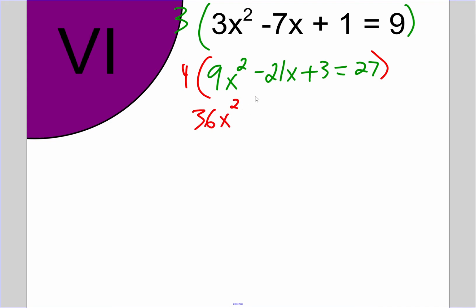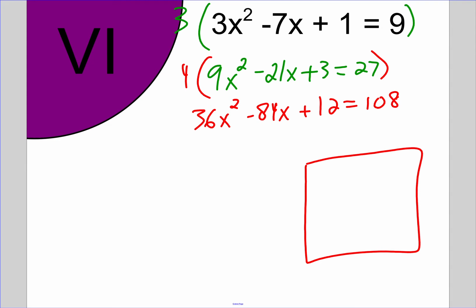So now we have 36x squared minus 84x plus 12 equals 108. Now we can apply it. Essentially, by multiplying by 3, we've converted this into a level 5 problem, which we multiply by 4 in order to convert into a level 4 problem.